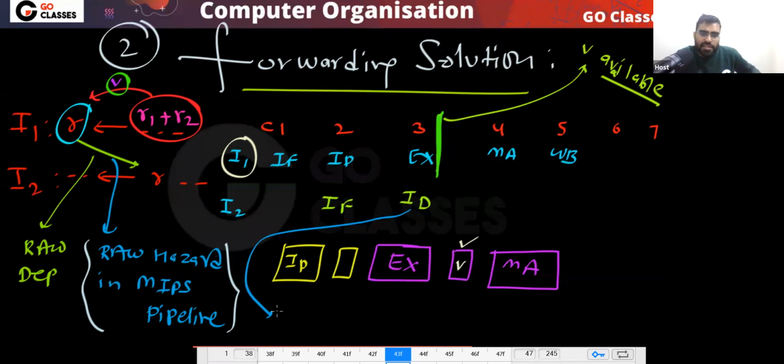It means I2 too read the wrong value. But what can we do? The mistake has happened. So what will we do?